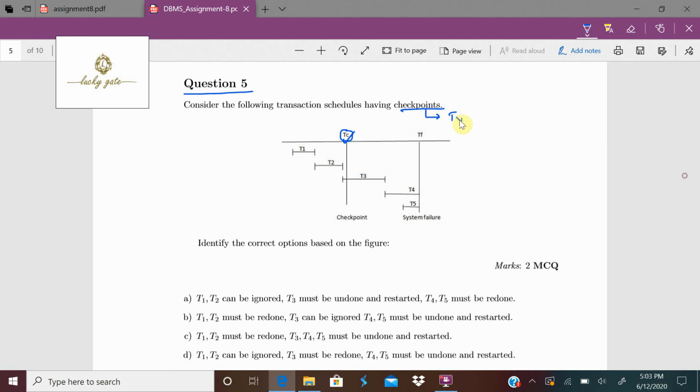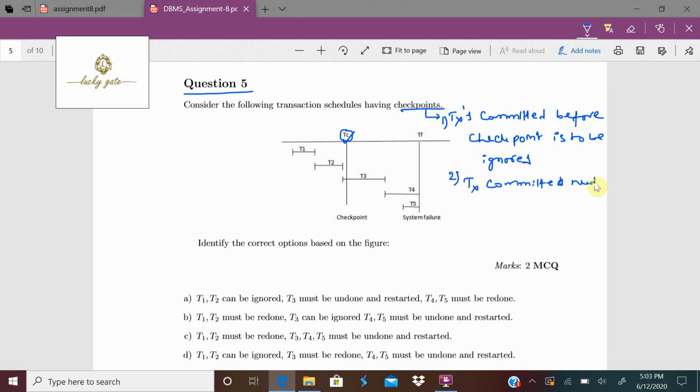The second point is, whichever transactions are committed after the checkpoint need to be redone. And the third point is, the transactions that are not committed, that is, transactions that are active, need to be undone.